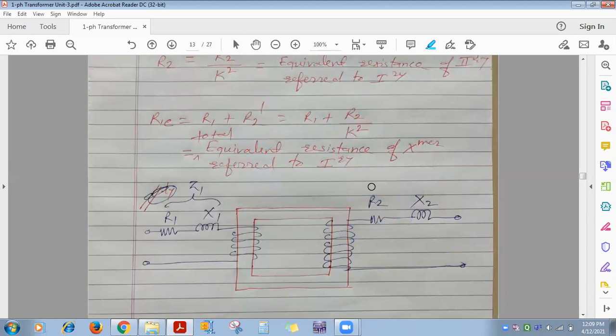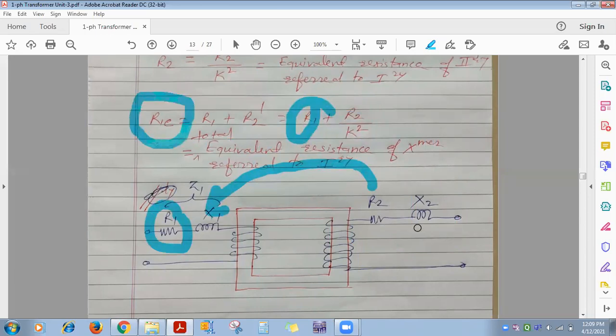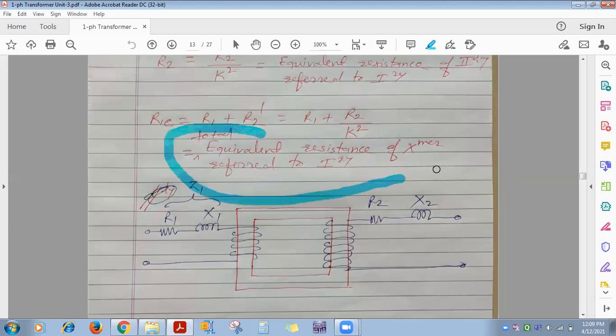Means you have transferred it from secondary to primary, and on primary R1 is already there. So add R1 to it. That will be R1E, the total equivalent resistance referred to primary.